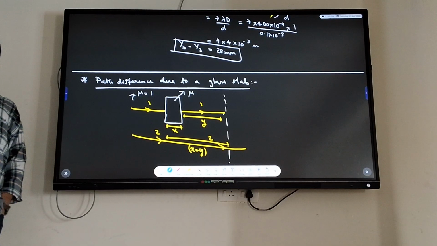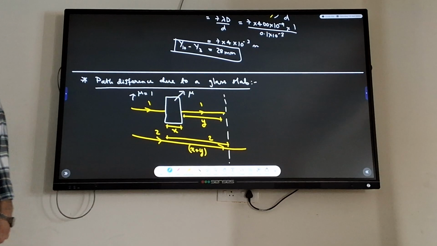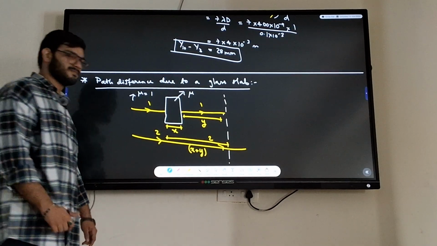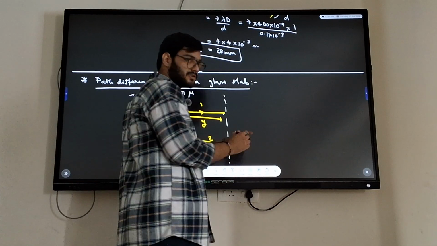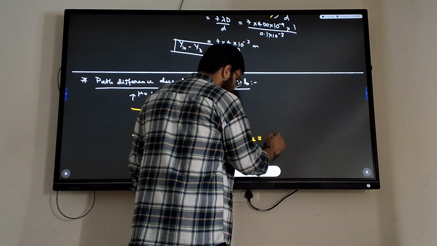Then what is the time taken by this second ray to travel this x plus y distance? It's x plus y by c, since it's a light ray. Speed equals distance over time, so time equals distance over speed, t2 equals x plus y by c.